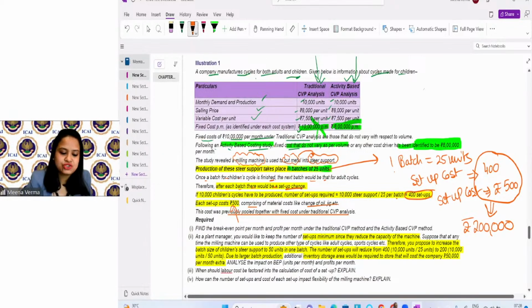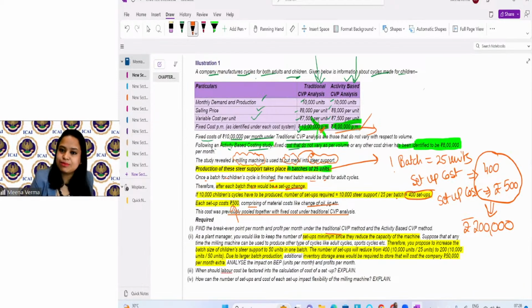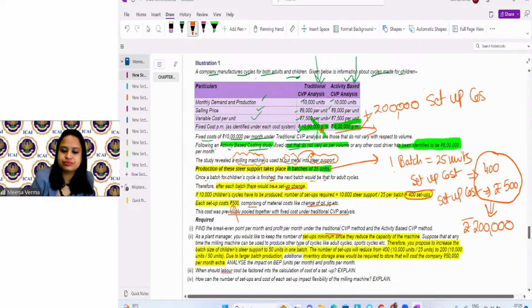So in traditional costing, we added this 2 lakh to the 8 lakh to get 10 lakh, while in activity-based costing they are given separately. This 8 lakh is separate and this 2 lakh is the setup cost.